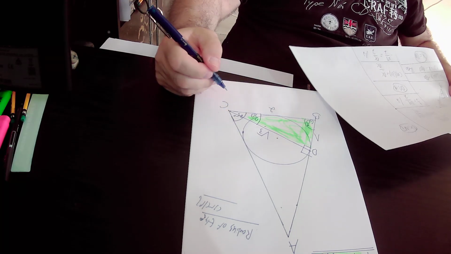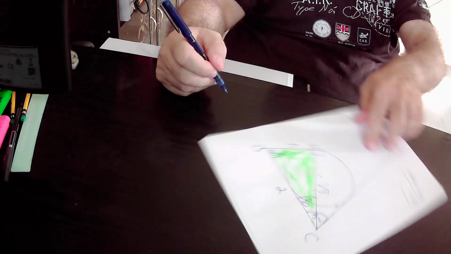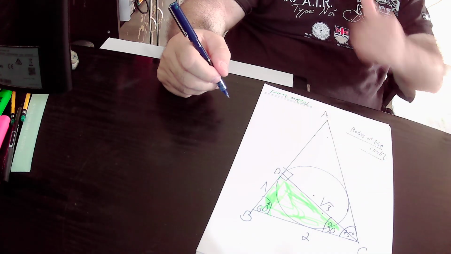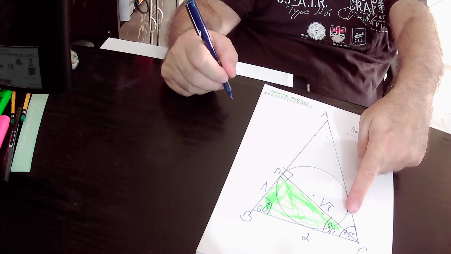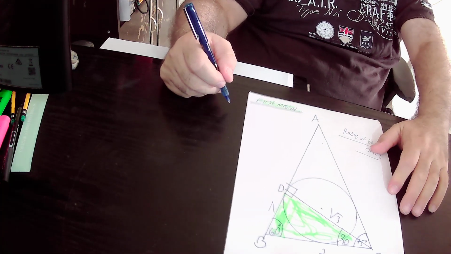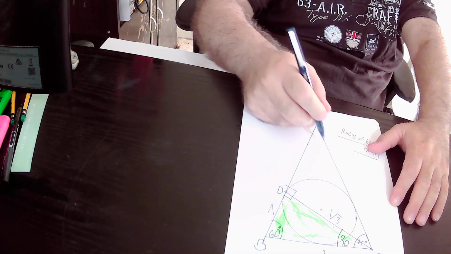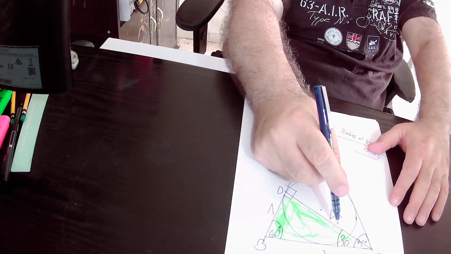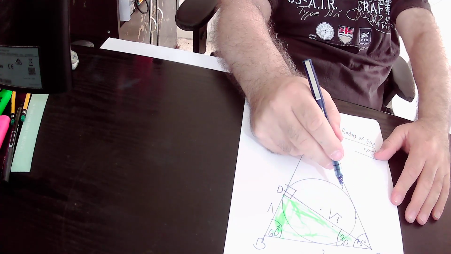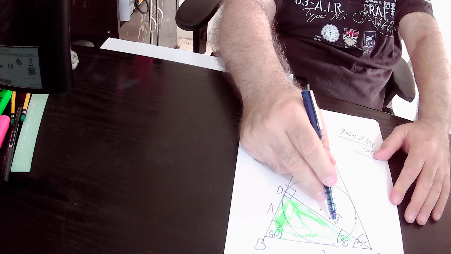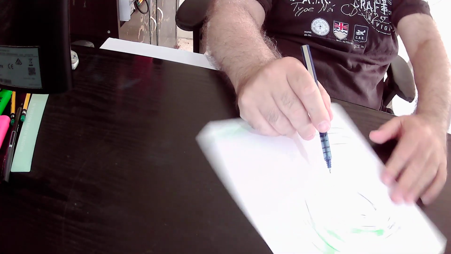In the next step, we calculate the size of this angle, angle ACD. Angle ACD equals the big angle, that is angle ACB, minus this angle, angle DCB. So the big angle ACB equals 75 degrees, minus this angle that is equal to 30 degrees. 75 degrees minus 30 degrees is 45 degrees.